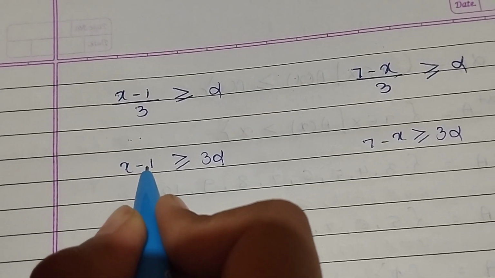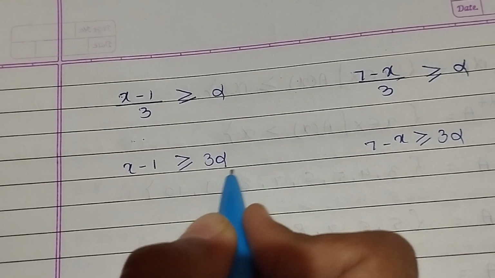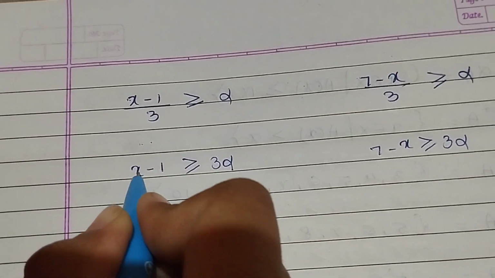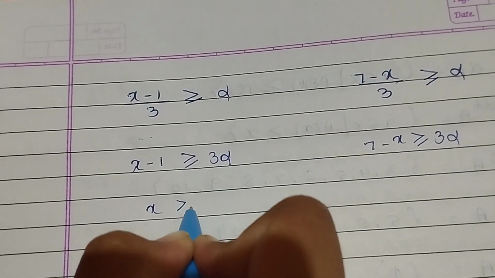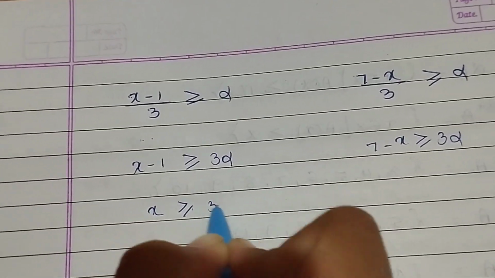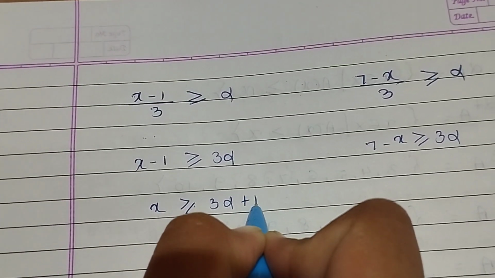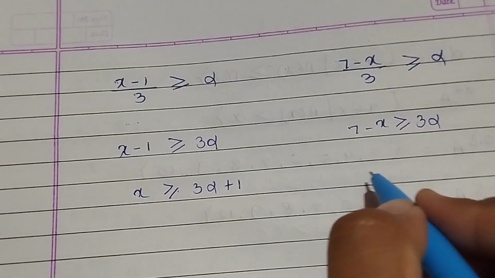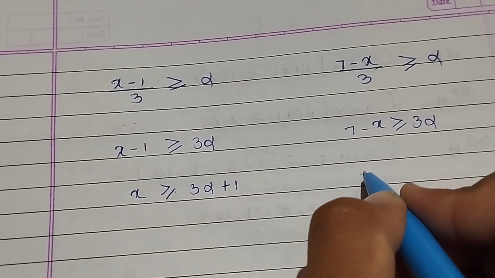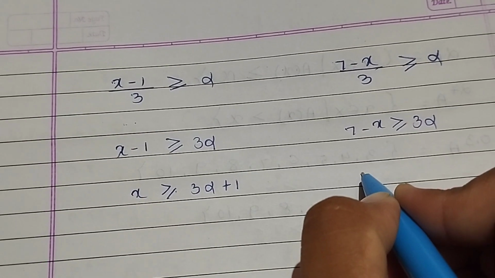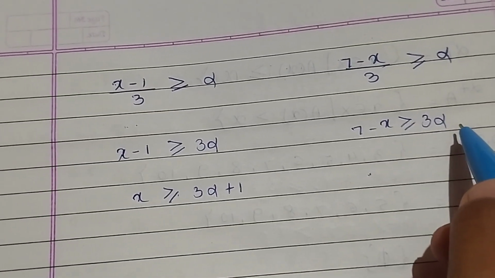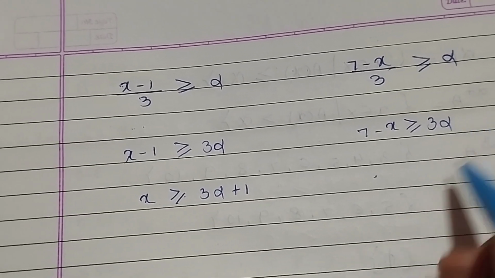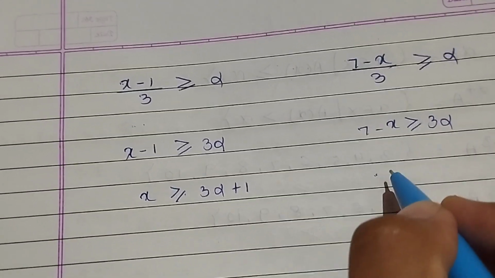Now this is the minus 1. When we shift it to the right side, the minus 1 converts into plus 1. So x is greater than or equal to 3 alpha plus 1. And here, if we shift the minus x to the right side and 3 alpha to the left side, we get positive x.